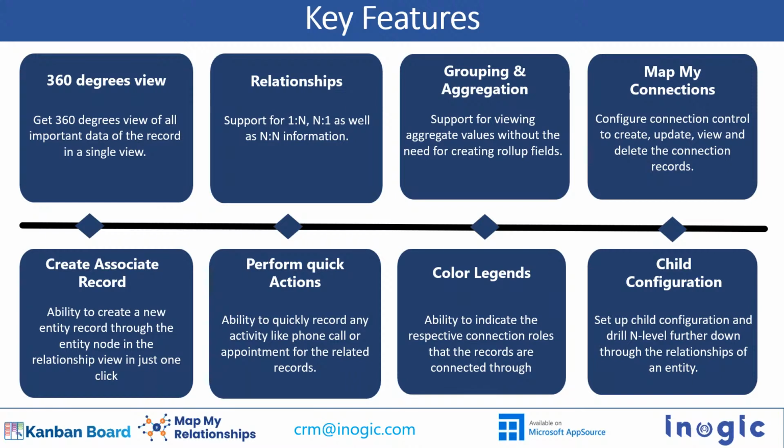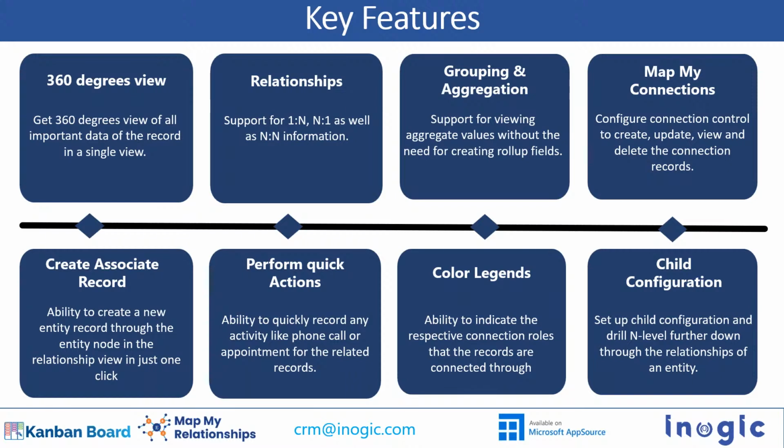Now, the Map My Relationships also supports one-to-many, many-to-one, as well as many-to-many information. We also have the grouping and the aggregation. The Map My Relationships supports viewing aggregate values without the need for creating the roll-up fields.